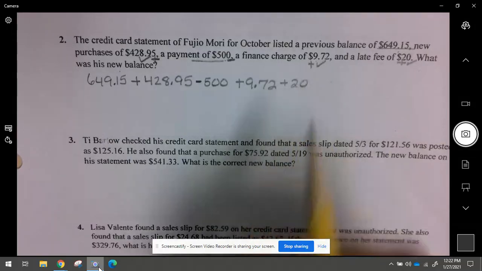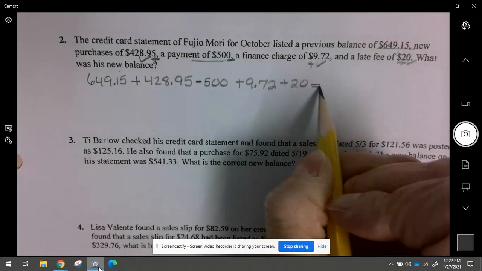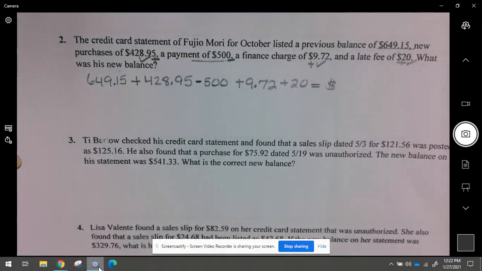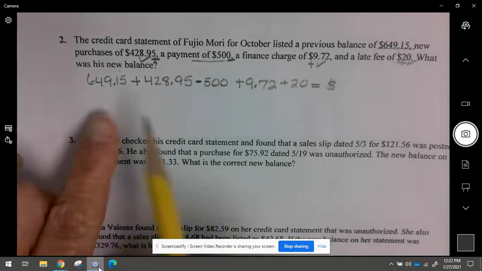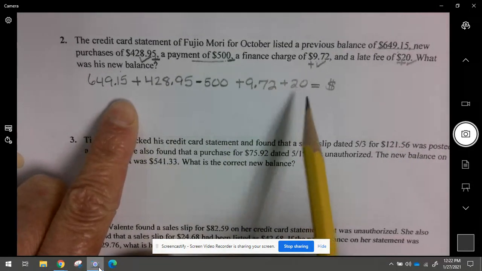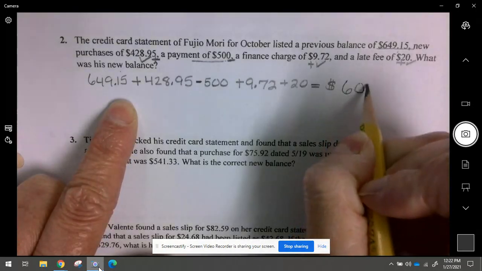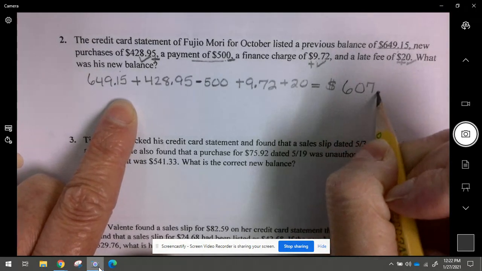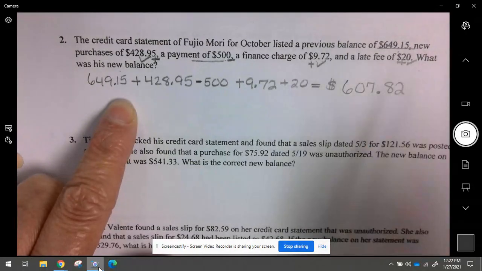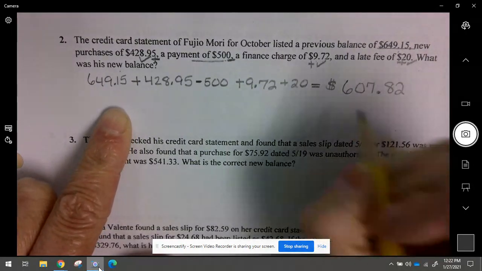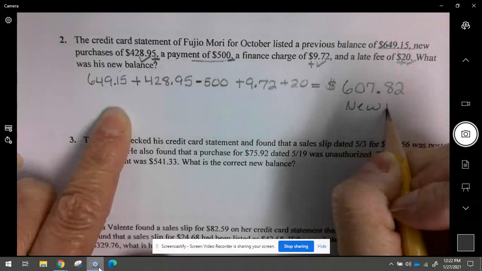They're charging me that because maybe he didn't pay it on time. Okay, calculate, make sure you're typing these in correctly. And you should get, and I hope you did check, $607.82 for this answer for number 2, and that's his new balance. We'll label it as such.